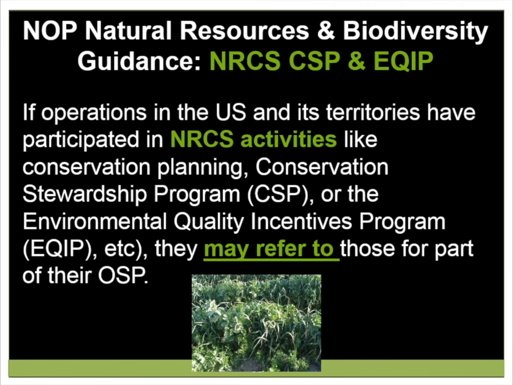So if an operation is in the U.S. and/or its territories, they may have participated in USDA natural resources conservation activity like conservation planning, the CSP program, the Conservation Stewardship Program, or the Environmental Quality Incentives Program, EQIP, and they can refer to those for part of their OSP.